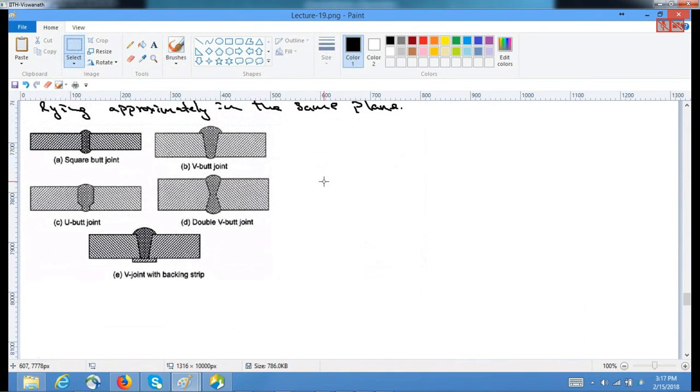The first thing, square butt joint. In this, there is no preparation of the edges. As you see, this edge is rectangular, this edge is rectangular. So no preparation of the edges.